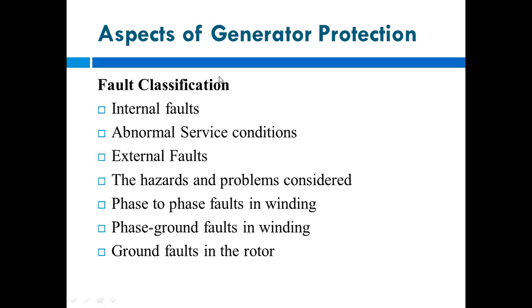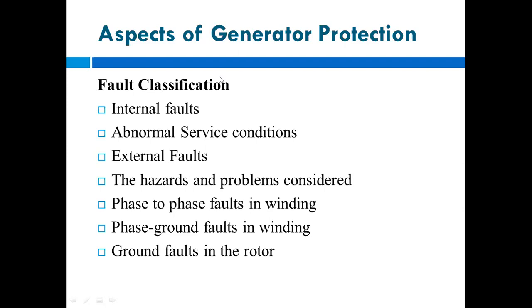Interturn faults means whatever windings are there, so these are the winding faults and the core faults. Then abnormal service conditions, then external faults, and the hazards and problems considered here. If any sudden hazard occurs, this can also be considered a fault. Then phase to phase faults in winding: if any two of the windings get short circuited, that is called a phase to phase fault.